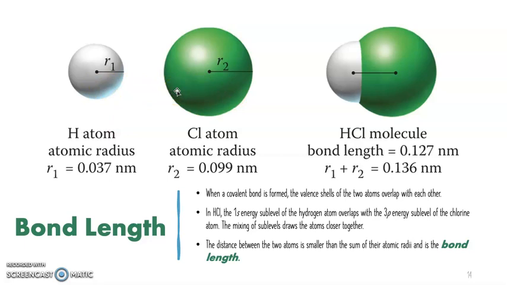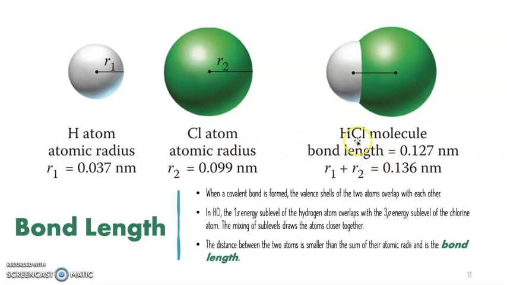is different than what you think. You would think that when hydrogen and chlorine atoms form a bond, the new molecule's bond length will be the sum of the atomic radius of hydrogen and chlorine, which is not true.